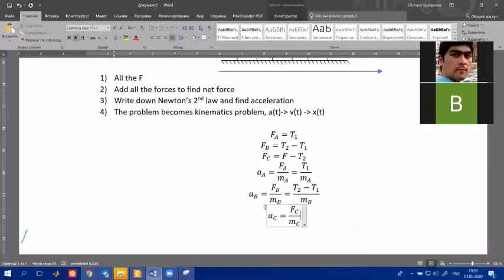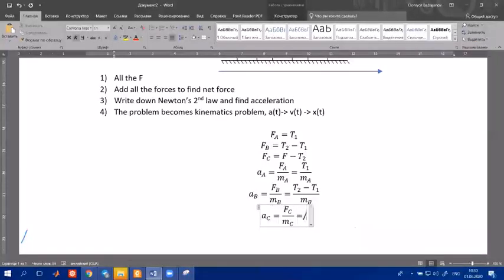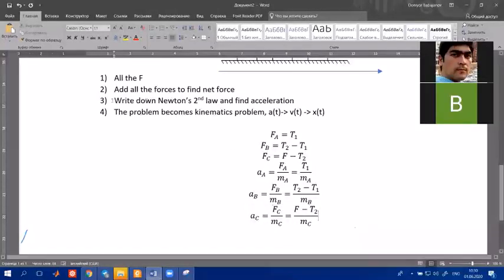And Fc is F minus T2. So we did the third step. We write down Newton's second law for all three bodies and found all three accelerations.